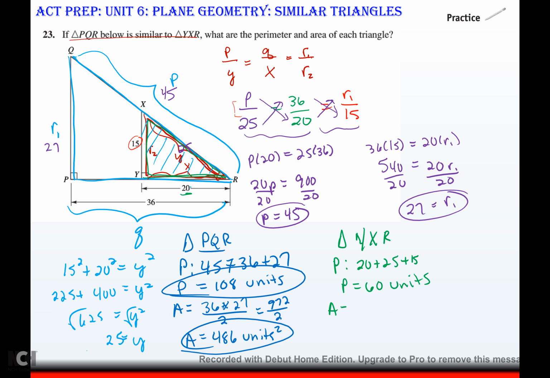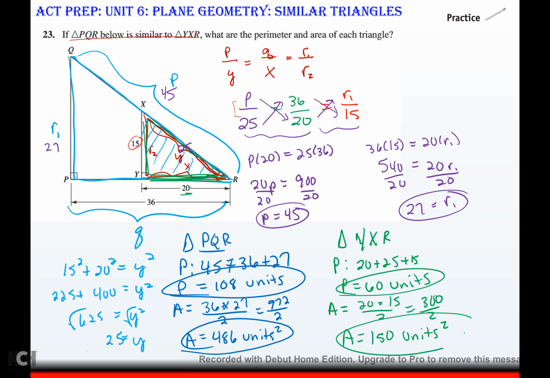My area is going to be my length, which is 20, times my height, which is 15, divided by 2. That gives me 300 divided by 2, which gives me an area of 150 units squared. So there's the perimeter and area of that triangle. Okay?